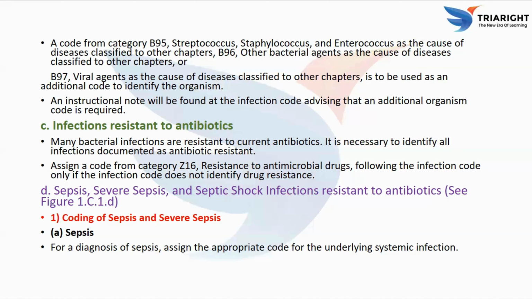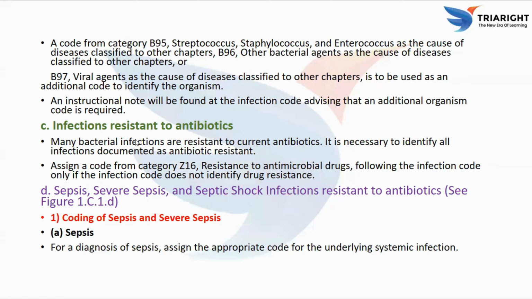You will see instructions such as "use additional code to identify organism" or "code first the underlying infection." These tell you the infection is the primary diagnosis and the organism code is secondary. So you always have to read the instruction notes present in the tabular section.